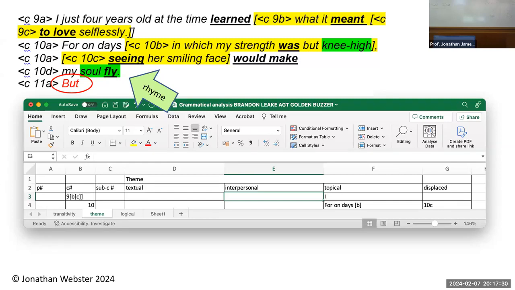Okay, again here, you'll notice for on days, in which my strength was but knee high, so for and then embedded with B. It displaces what? Seeing her smiling face. That whole thing is the topical theme. It is the subject. It is the clause as theme, but it is basically functioning as the grammatical subject. But I put it here in the displaced column.